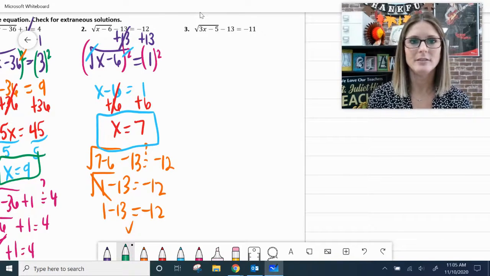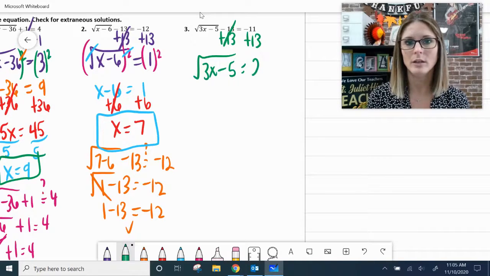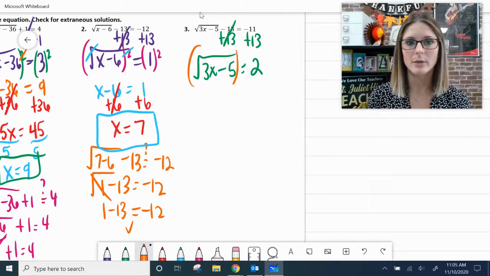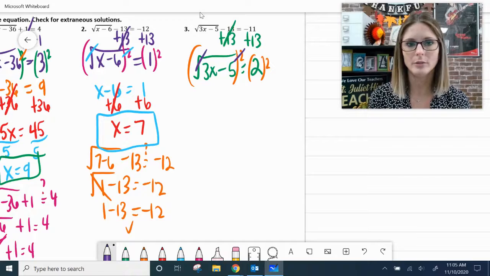Let's see. Number 3, isolate your radical. Add 13 to both sides. The square root of 3x minus 5 equals negative 11 plus 13 is 2. We are going to square both sides to get rid of that radical.